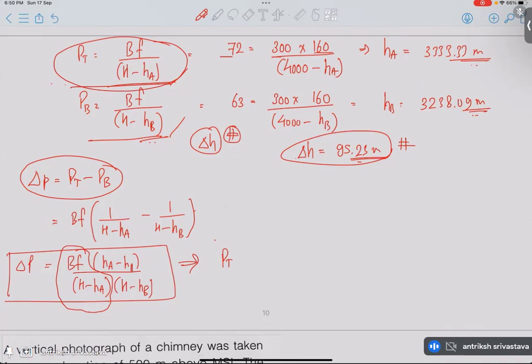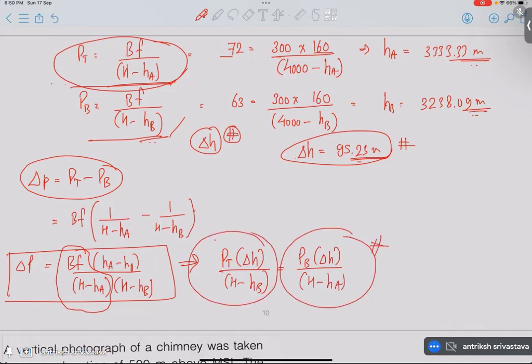So parallax for the top into delta H by H minus HB, or parallax for the bottom into delta H divided by H minus HA. You can remember these formulas to apply directly if you have been given the difference in the parallax for the top and bottom. Okay.